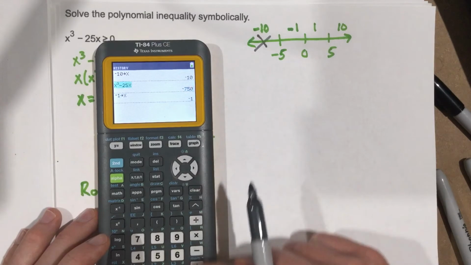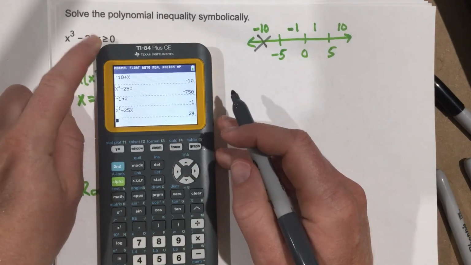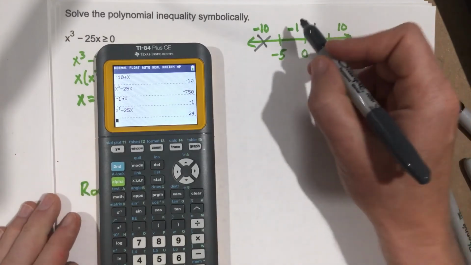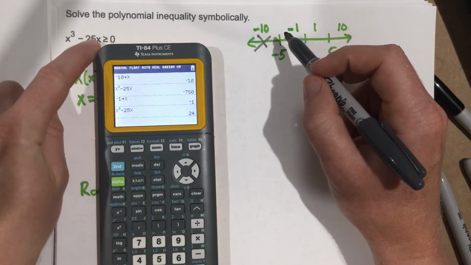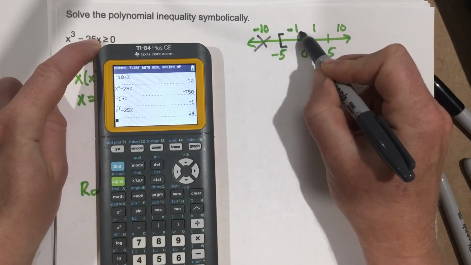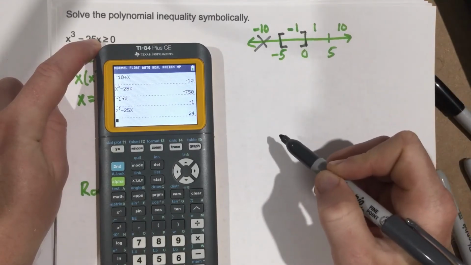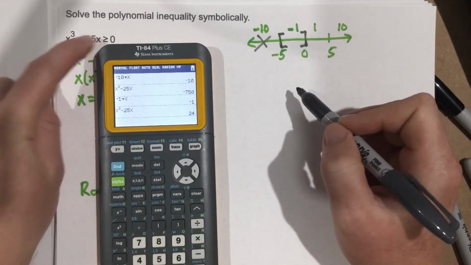Grab that function. You'll see it's 24, and 24 is greater than or equal to 0. Because it says equal to, I'm going to put brackets here saying, hey, this region works. Because it says equal, it means include the roots with that.